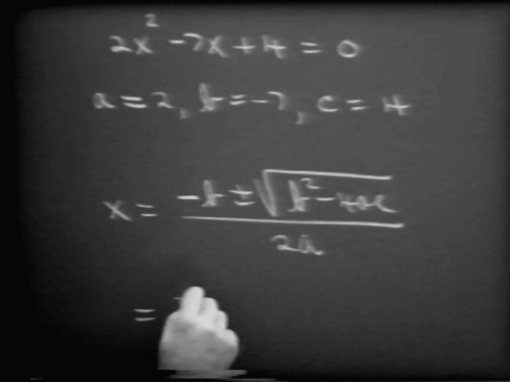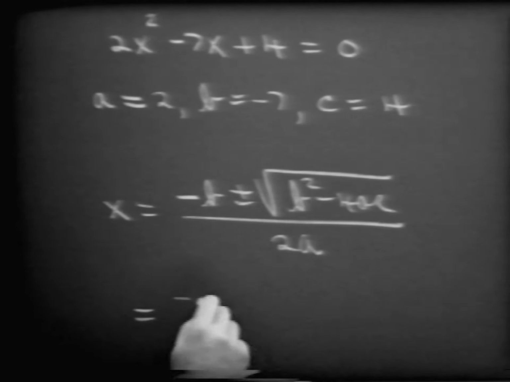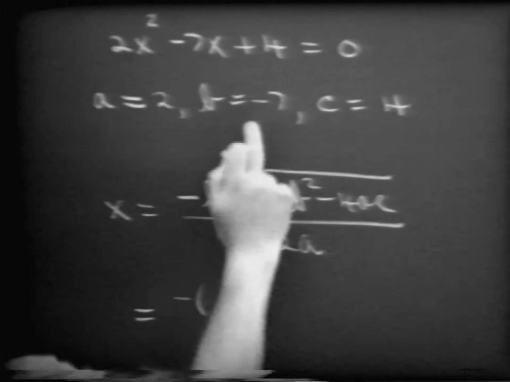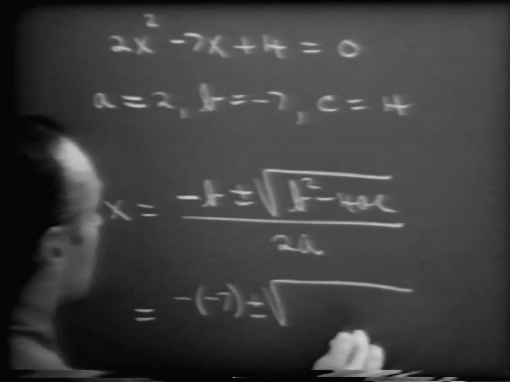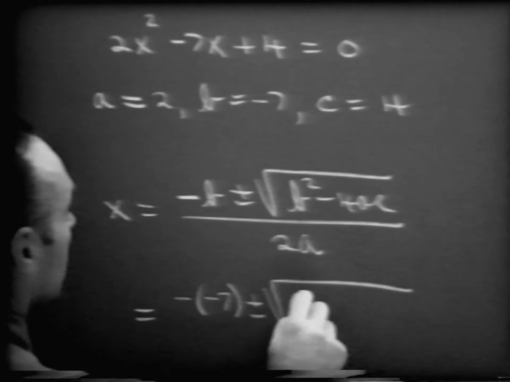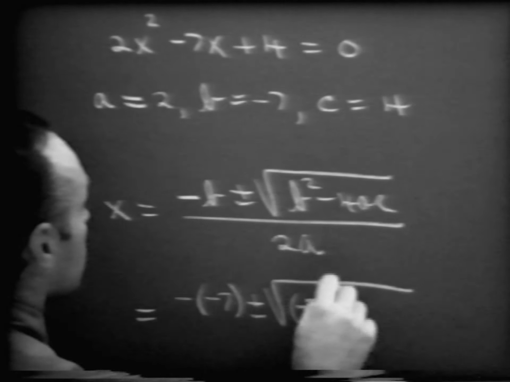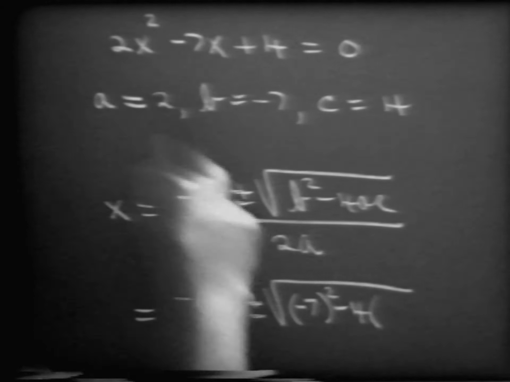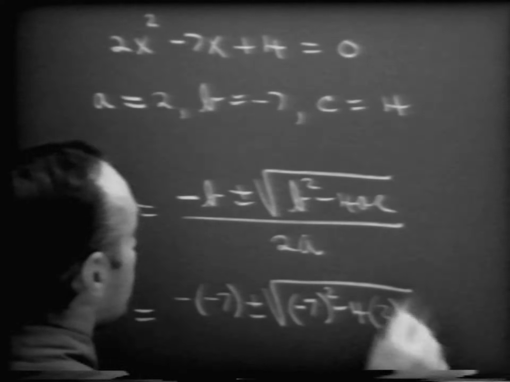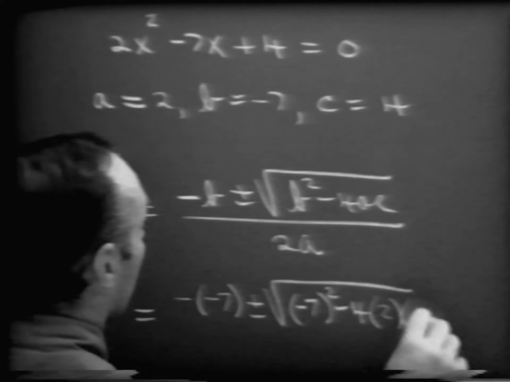Here we have the opposite of b. What's the name for b? The name for b here is what? Negative 7 plus or minus the square root of b squared, which is what? Negative 7 squared minus 4 times a. What's the name for a? 2 times c, which is 4. Okay?